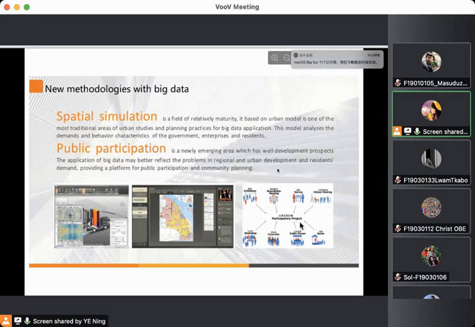One is for simulations, spatial simulations. We should build models based on different service demands, right? This is a field of relative maturity, because it is based on urban models, the traditional areas of urban studies and planning practice for big data applications.